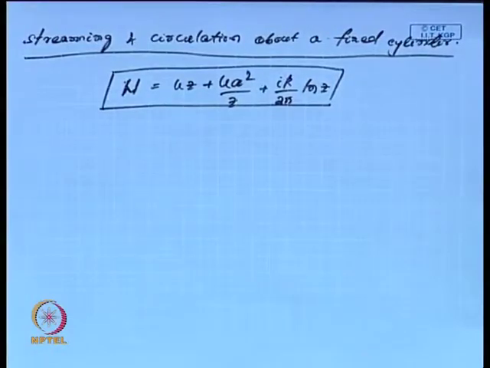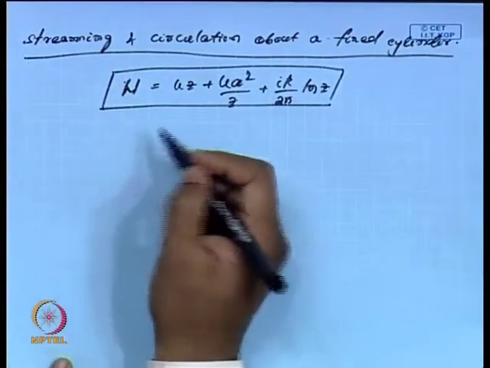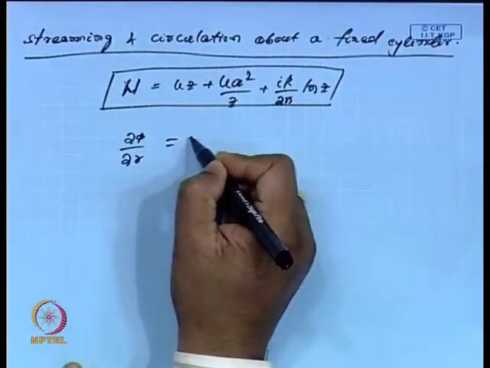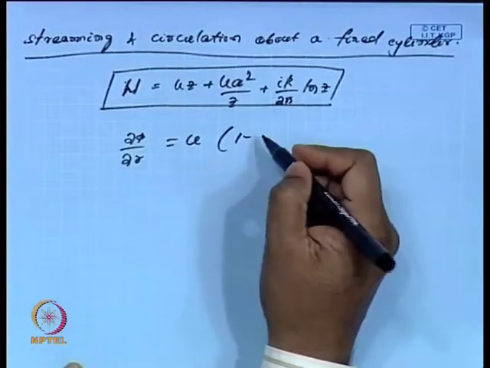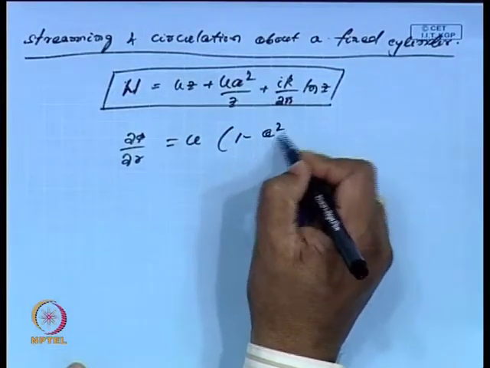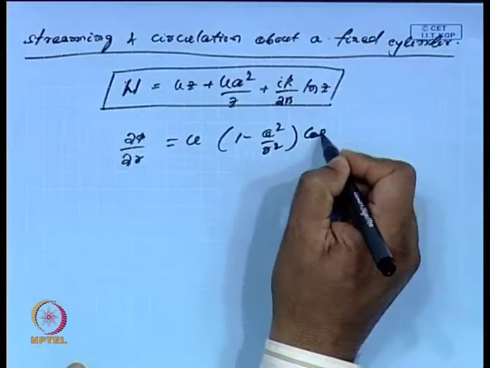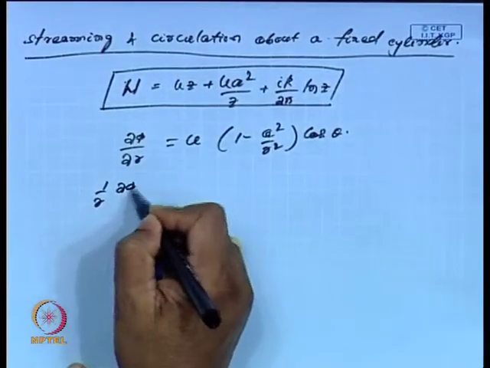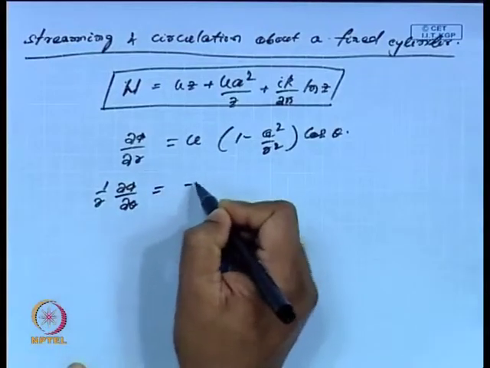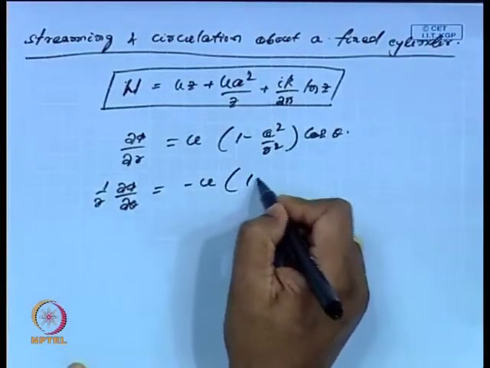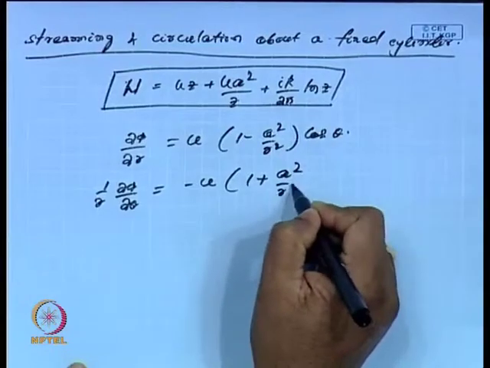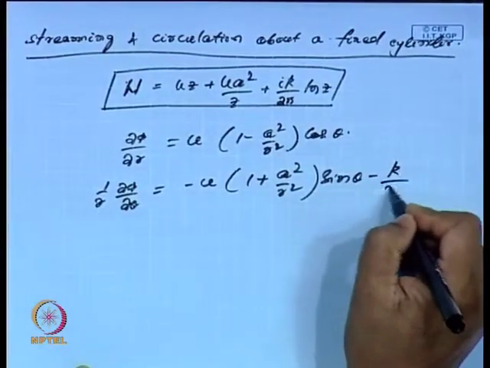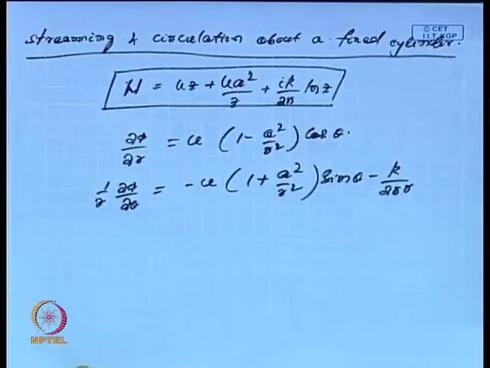And from here we can easily find del phi by del r, which is u into 1 minus a square by r square cos theta, and 1 by r del phi by del theta, which is minus u into 1 plus a square by r square into sin theta minus k by 2 pi r.